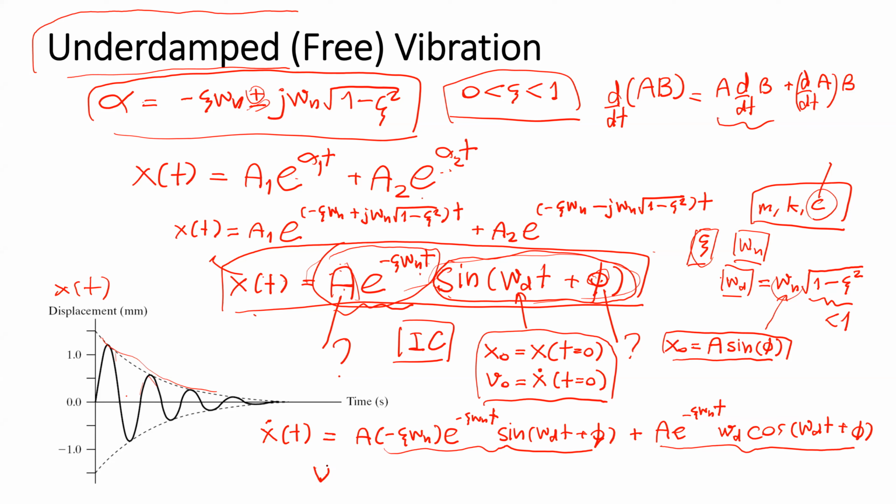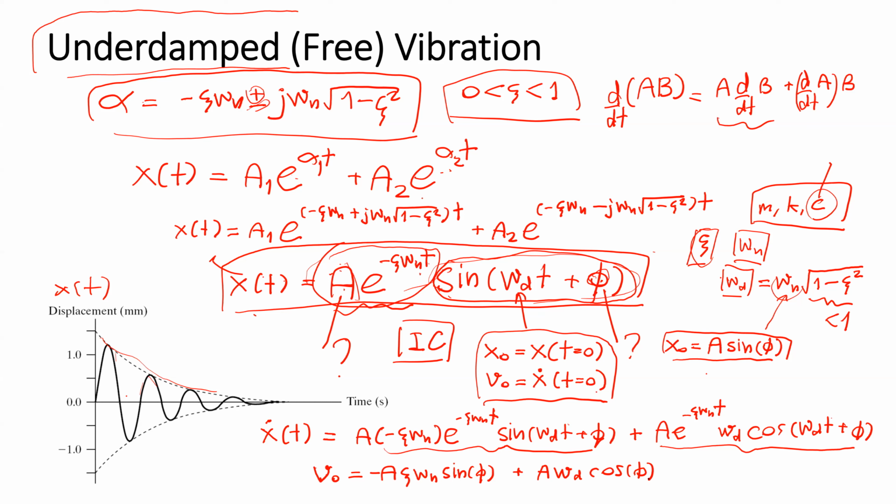So v0 will equal A, minus A sine omega n, and t here equal to 0, so we will have only sine of phi. And for the second term, when t equals 0, the exponential term equals 1, so we have A omega d cosine, with t equal to 0.